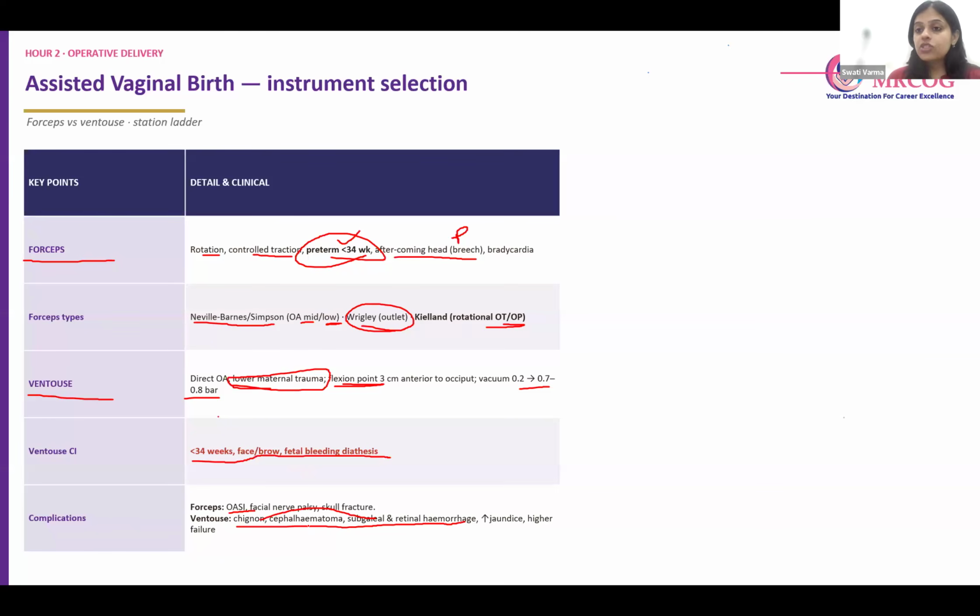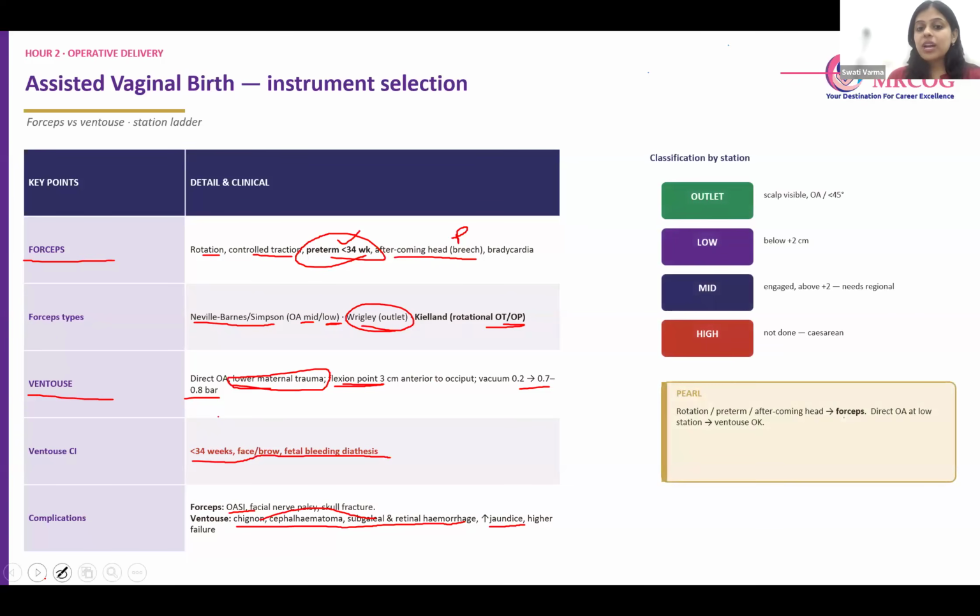Sometimes they might require urgent NICU admissions or prolonged admissions also, and they are more common with ventouse. Since cephalhematoma is there, increased chances of jaundice might also be there. Ventouse has slightly higher failure chances. In one attempt, forceps has higher delivery chances as compared to ventouse. That's why in bradycardia, forceps is preferred.